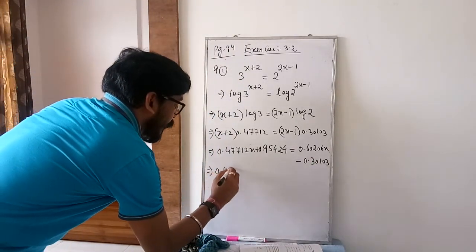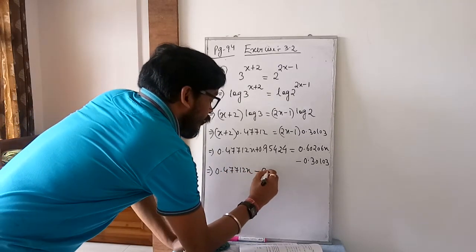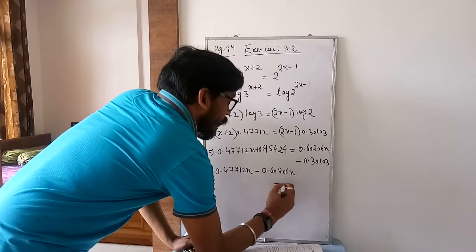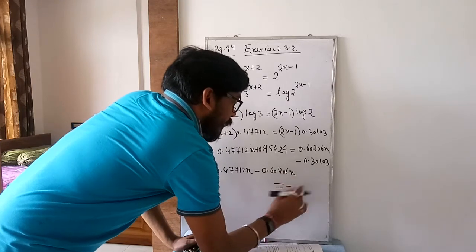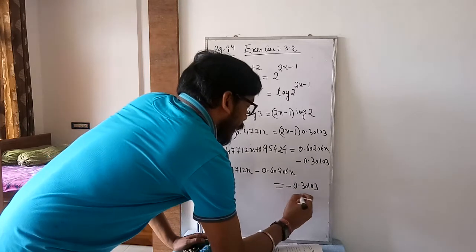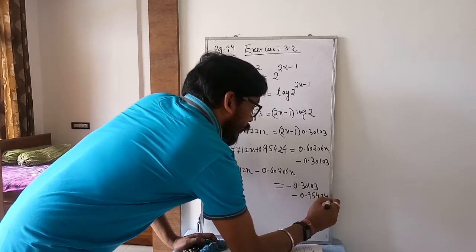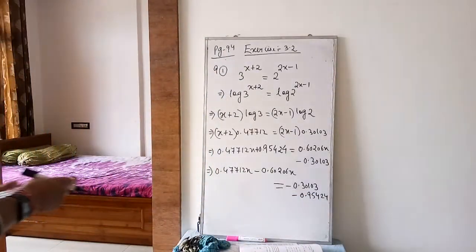Now let me bring the x term to one side. So it is 0.47712x minus 0.60206x equal to, here it is minus, so 0.30103 minus 0.95424. Plus minus minus we will do.